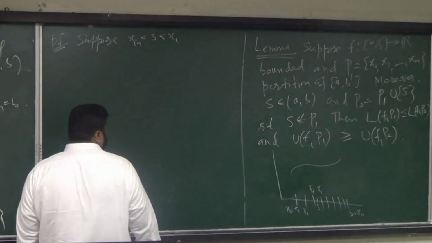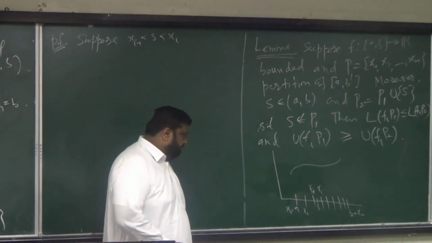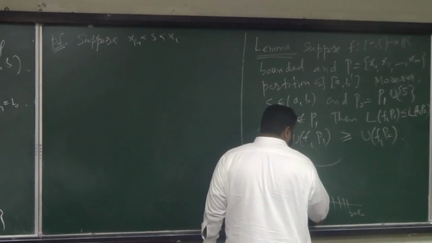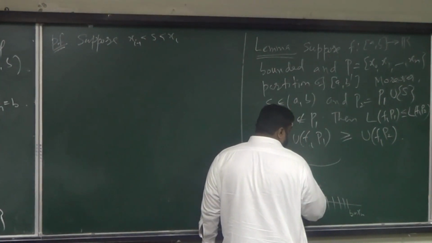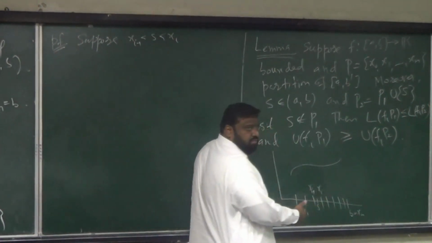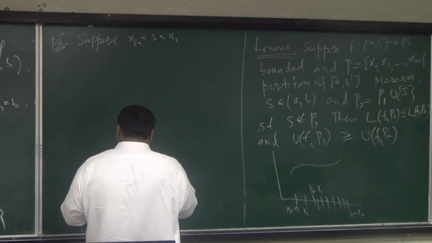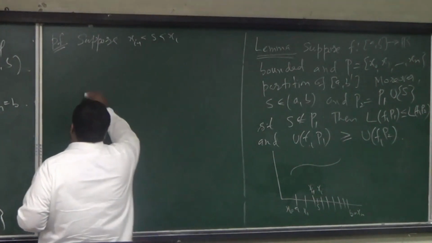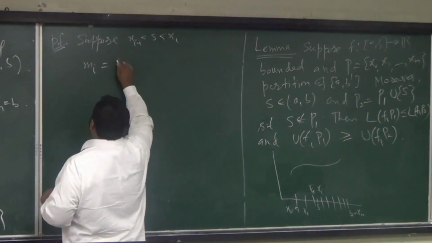Now we have something very interesting actually. First, let's set out the notation of infimum and supremum for this big interval. Imagine small m i is the same as the previous one.